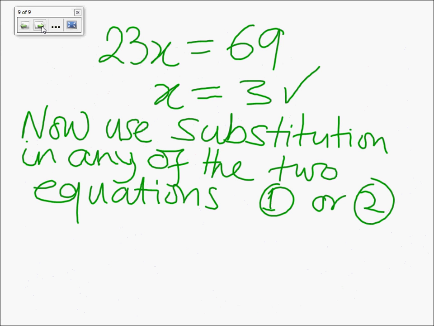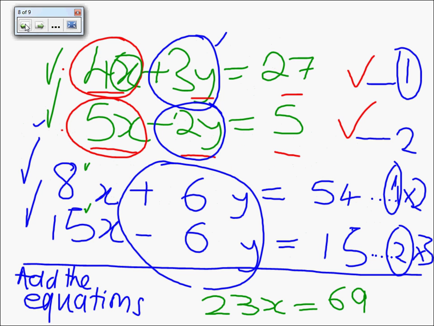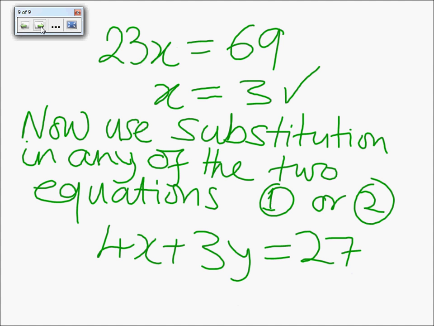So if I pick one of the equations, say 4x plus 3y is equal to 27. Which equation is this one? Let's go back and check. That is equation 1.